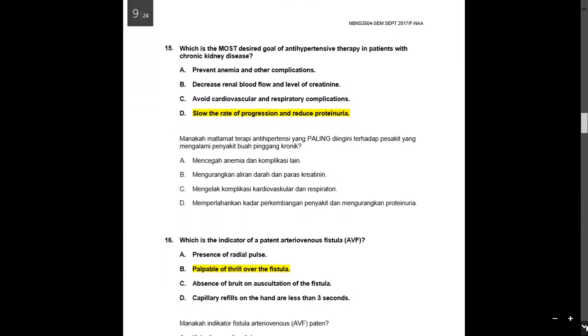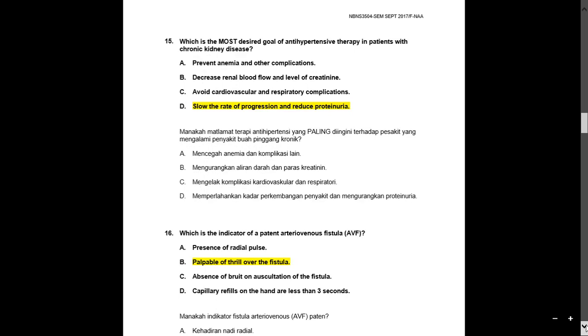Then question number 15. Which is the most desired goal of antihypertensive therapy in patients with chronic kidney disease? So why do we try to reduce the blood pressure in chronic kidney disease patients?